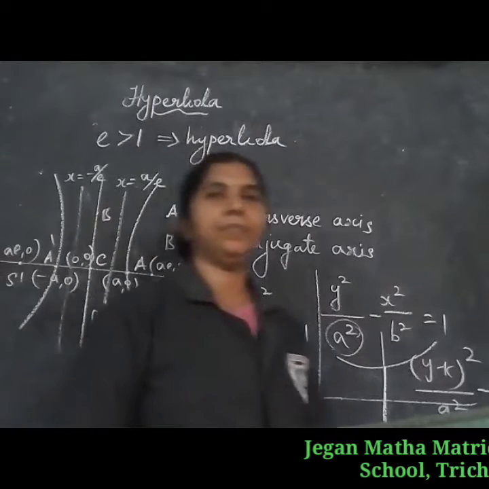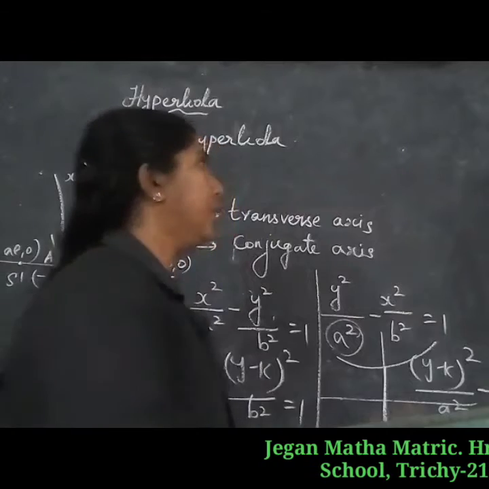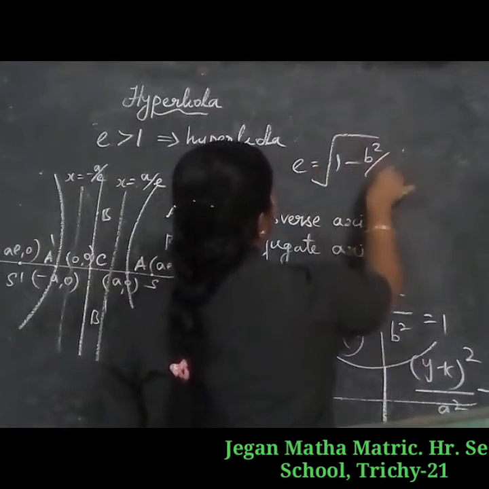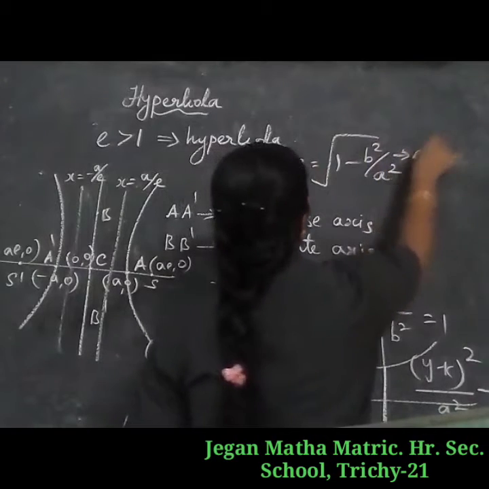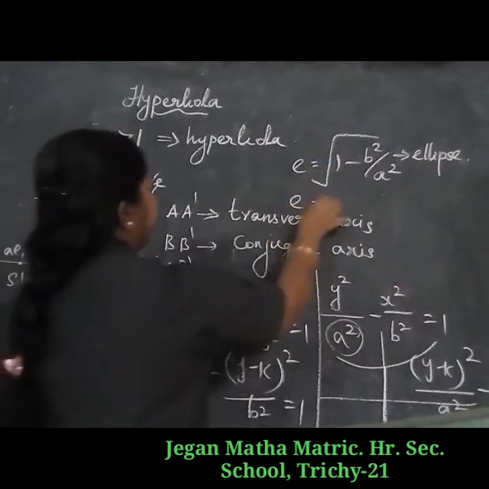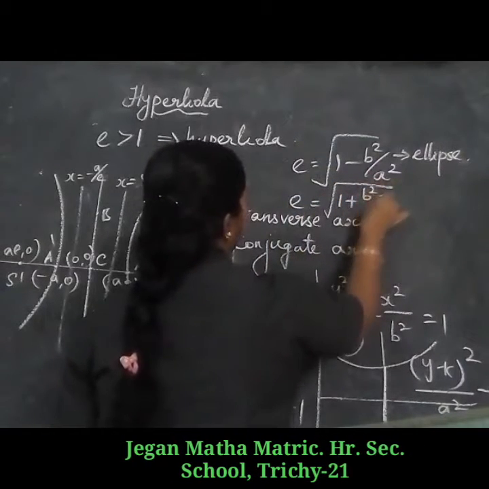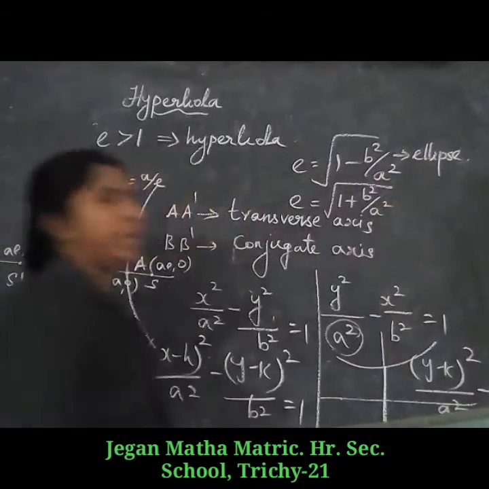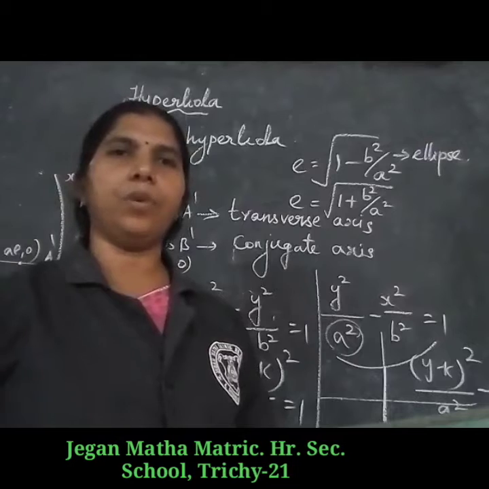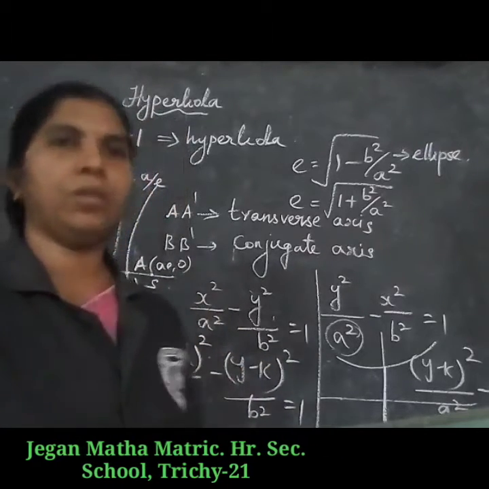Already we have studied the eccentricity formula for an ellipse: eccentricity e is equal to root of 1 minus b square by a square. This is for an ellipse. For a hyperbola the eccentricity is equal to root of 1 plus b square by a square. Based on these formulas, we can identify focus, center, vertices as well as the equation of directrix.